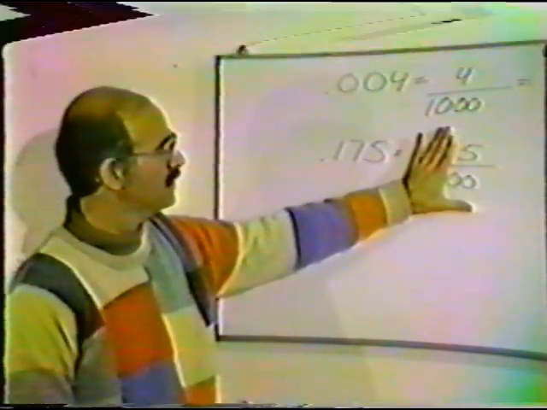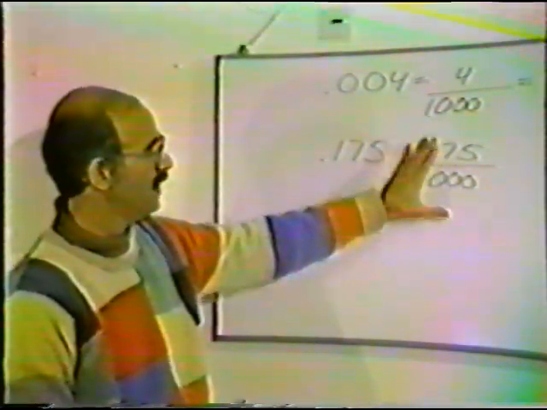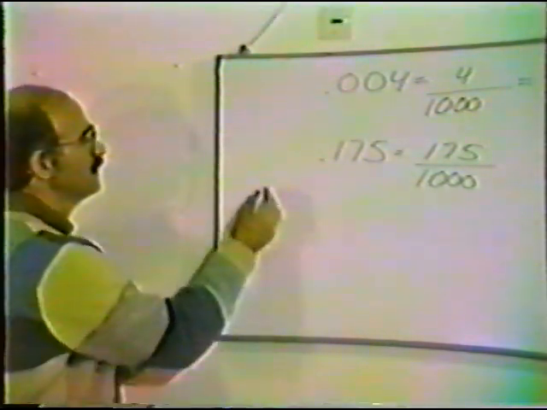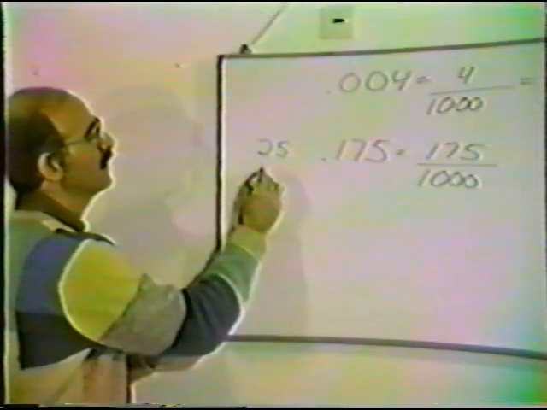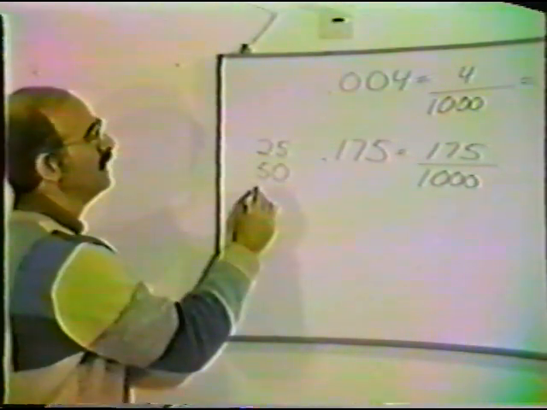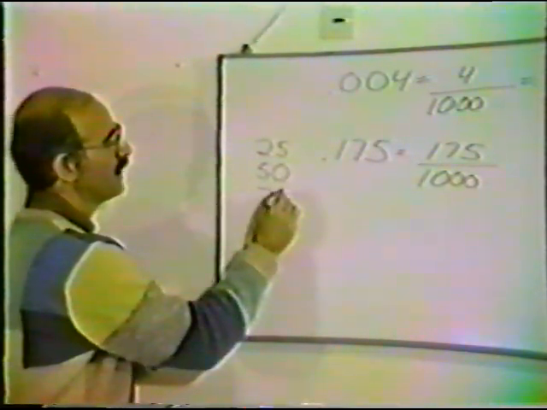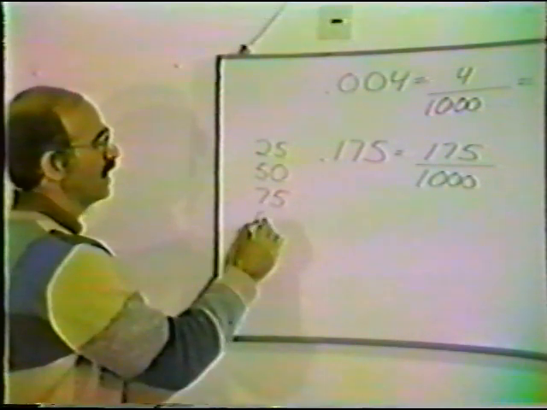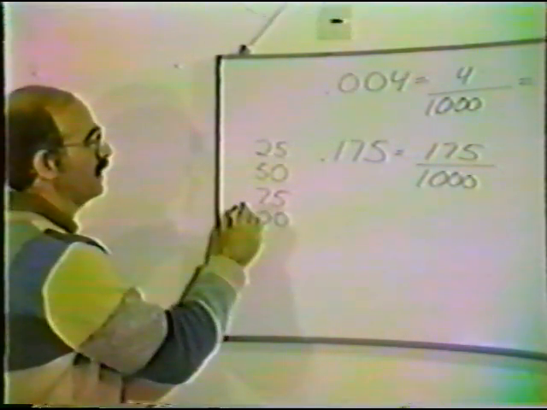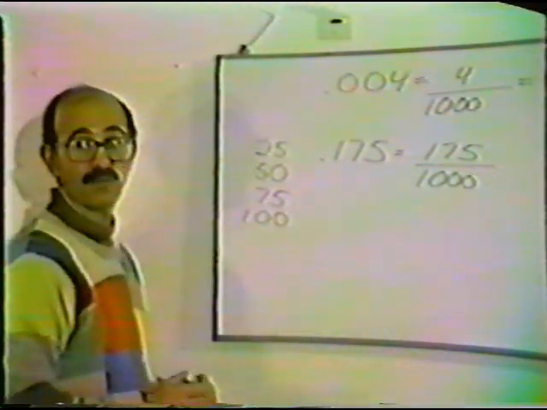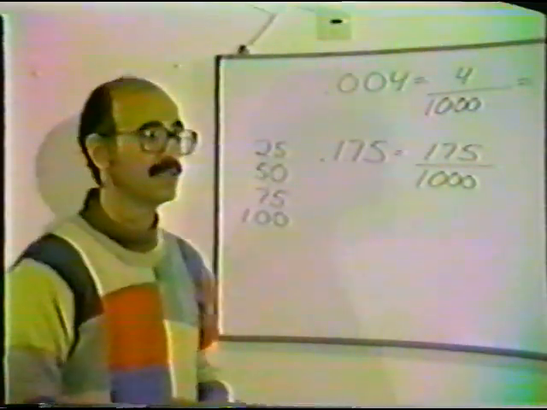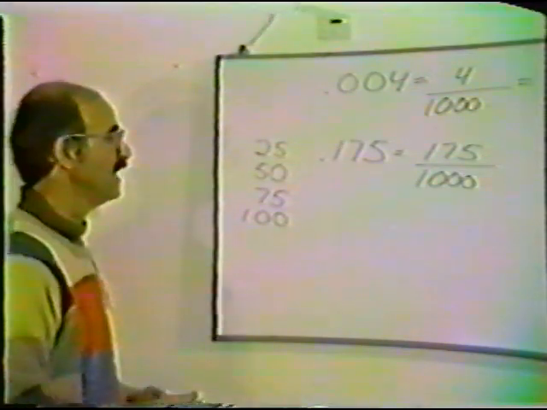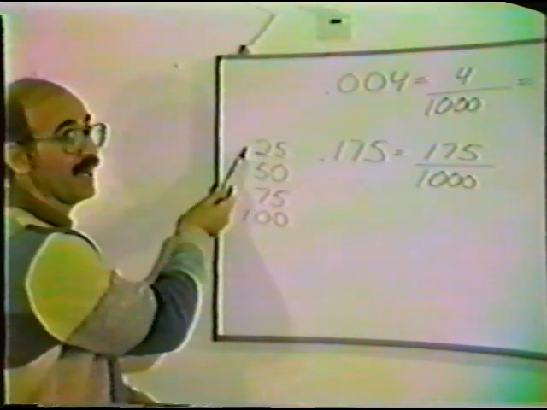However, there's something else that we can see there. When numbers end with 25, 50, 75, or double 0, like in 100, 200, 300, or in any number of hundreds, we see that they can be divided by 25.